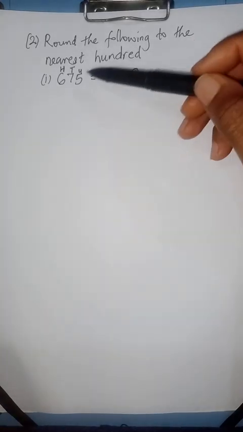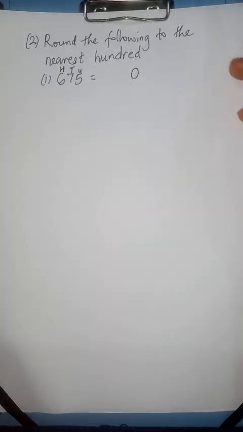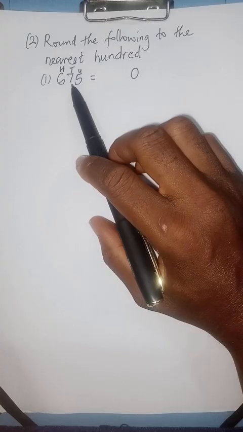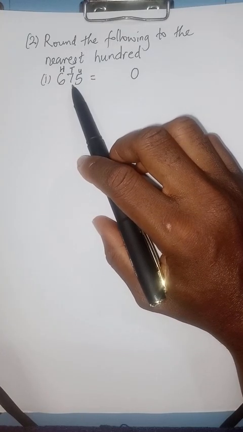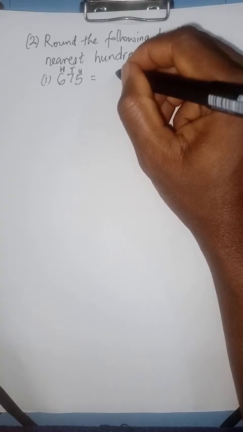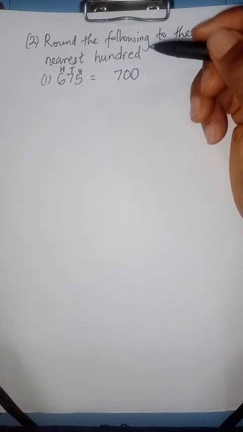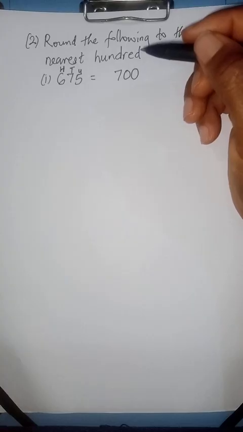So our focus now will be on the tens and on the 100, since we're rounding to the nearest 100. The tens value is greater than 4. So if it is 7, you round up. You convert it to 0, add 1 to the 100, and that's 6 plus 1, and that becomes 700. So in other words, we're saying 675 is closer to 700 than it is to 600.